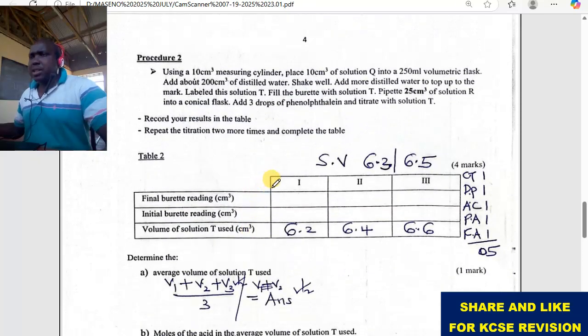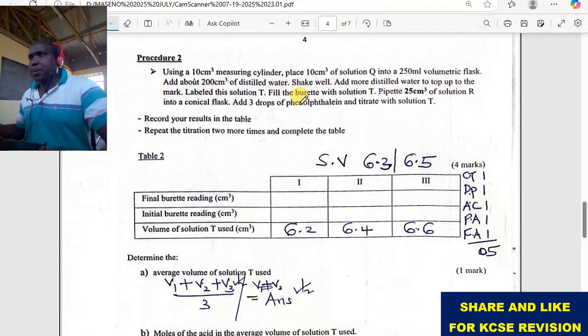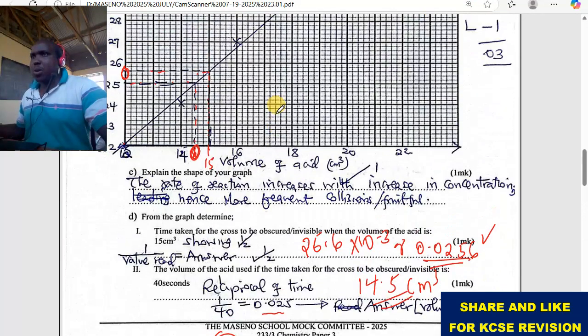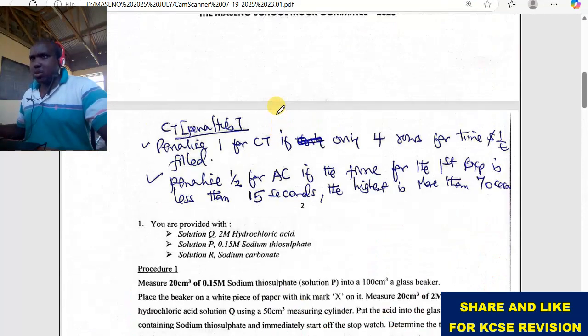Using a 10 centimeters measuring cylinder, place 10 centimeters cube of solution Q into a 250 volumetric flask. Add about 200 centimeters cube of distilled water, shake well, add more distilled water to top up, and label the solution T. So first remember what is solution Q. Solution Q is hydrochloric acid.